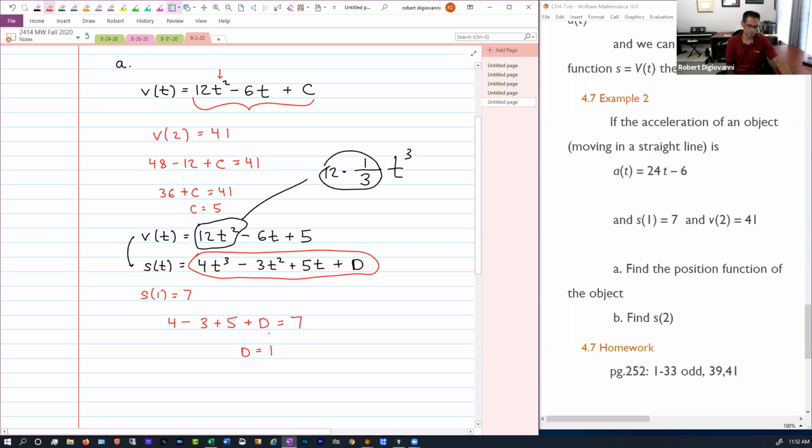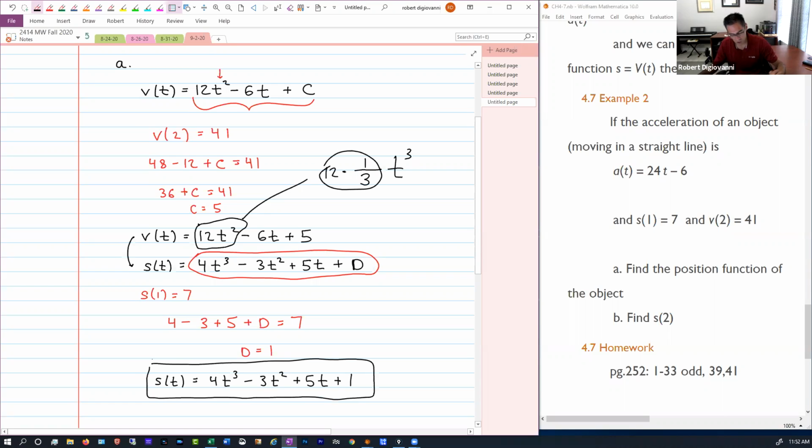Okay. Yeah. So now we actually have the position function. S of t is exactly 4t cubed minus 3t squared plus 5t plus 1. There it is. That is the position of our object at every point in time.